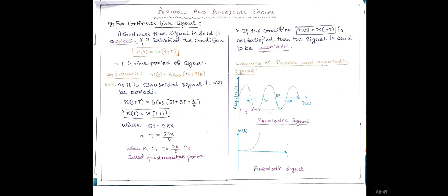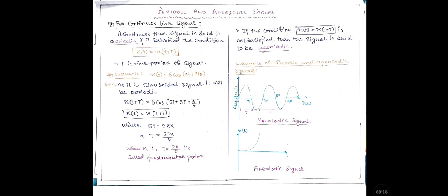Next, periodic and aperiodic signals. For continuous time signals, a signal is said to be periodic if it satisfies the condition x(t) = x(t + T), where capital T is the time period of the signal. For example, x(t) = 3 cos(5t + pi/6). As it is a sinusoidal signal, it will be periodic.